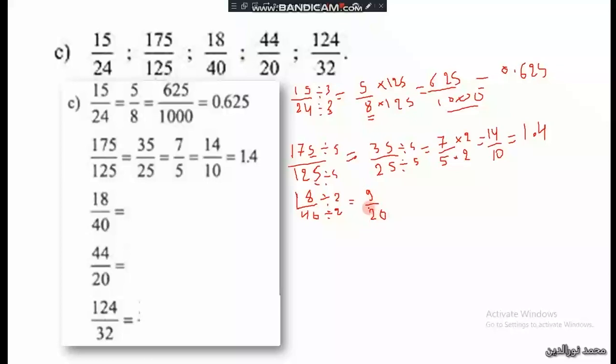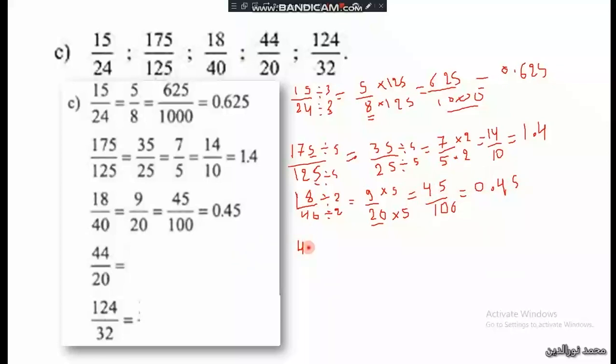So there is no common divisor of 9 and 20, so 20 should be multiplied to get a power of 10, which is 100. We multiply by 5, and then we multiply 9 by 5. 9 times 5 is 45 over 100. So we have 2 zeros, 2 decimal digits. 4 and 5 are the decimal digits, so the decimal number is 0.45.